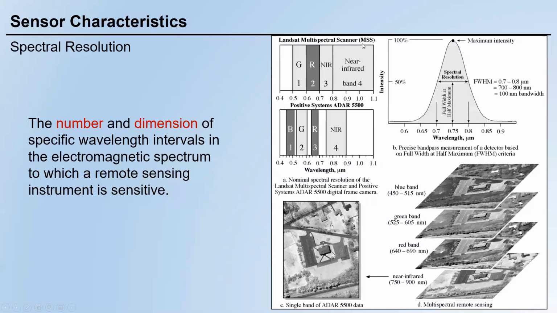intervals. For MSS, the green band is from 0.5 to 0.6 micrometer or 500 to 600 nanometer. So the width here is 100 nanometer, right? How about the green band from ADAR 5500?